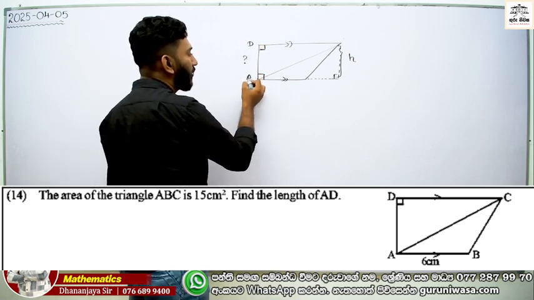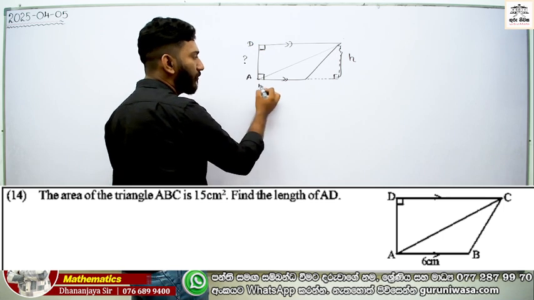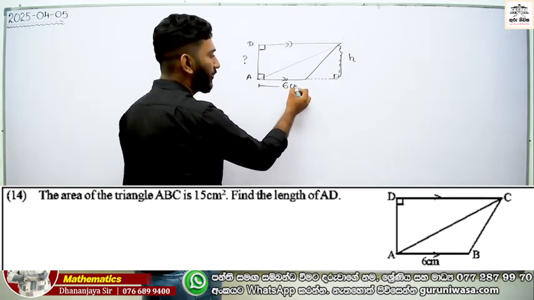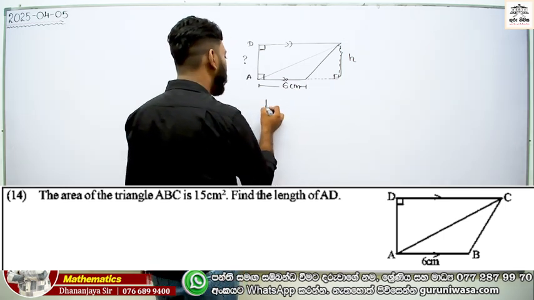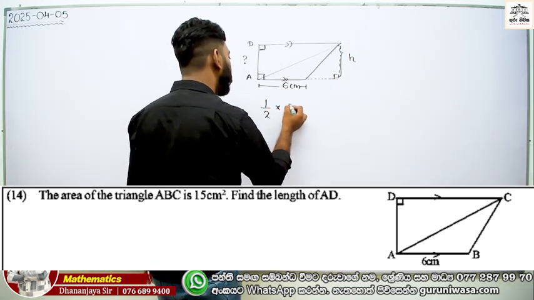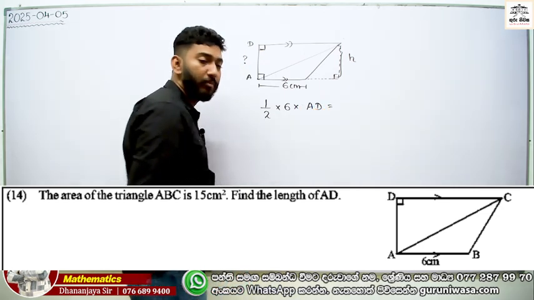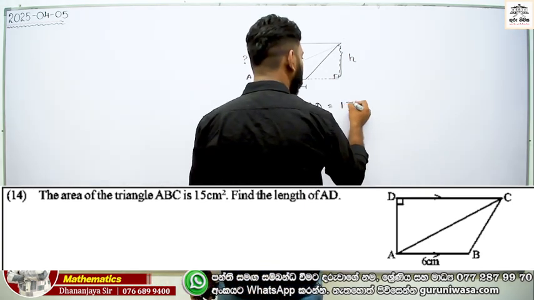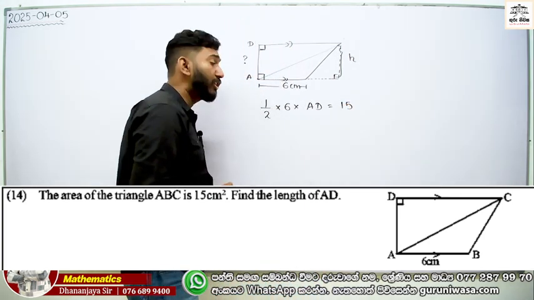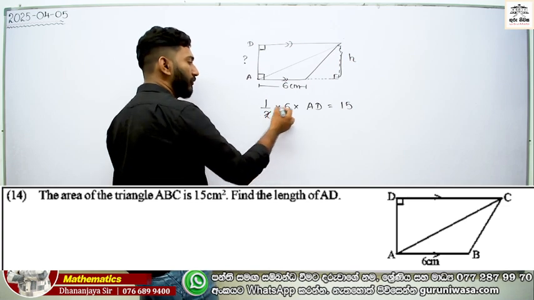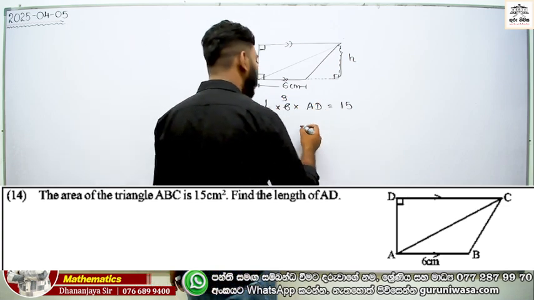AD. Right. Now, this is the base, 6 cm. And you know the area is half into base into height, which is AD, and this should be equal to 15. Now 2 times 1, 2 times 3, so 3 times AD becomes 15.